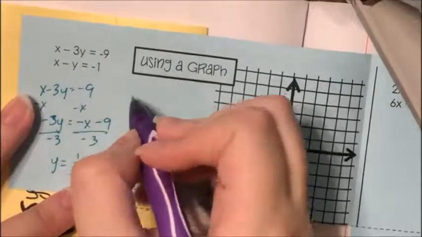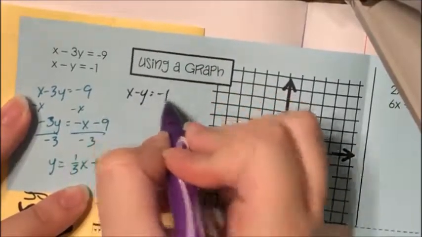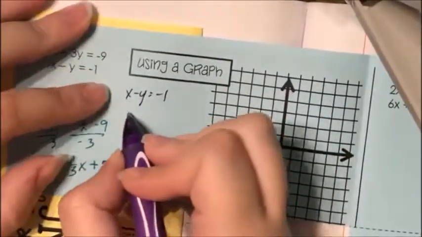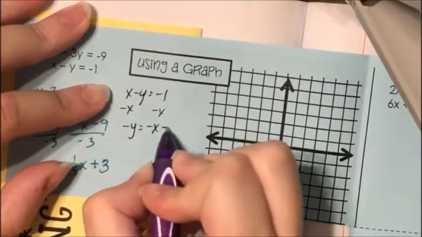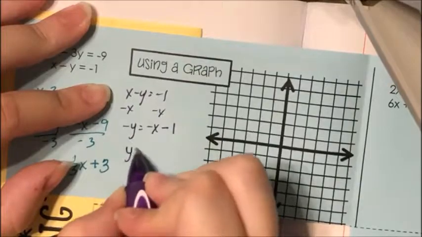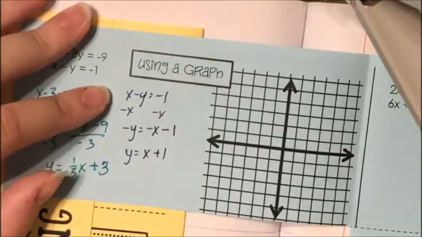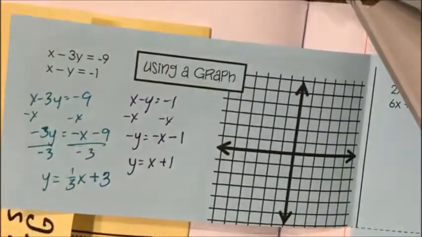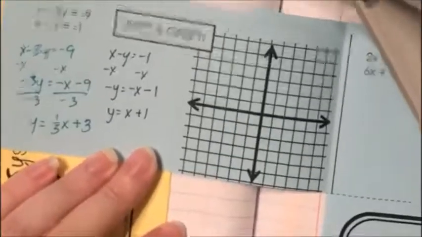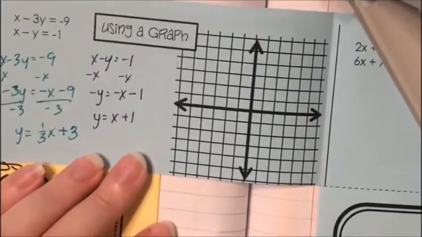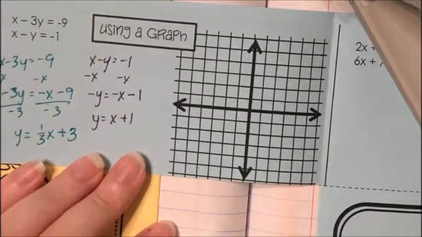And my second equation, I'm going to subtract x. Basically, all I did was multiply by negative 1 here, okay? So those are my two equations. I'm going to go ahead and graph them on my graph over here.